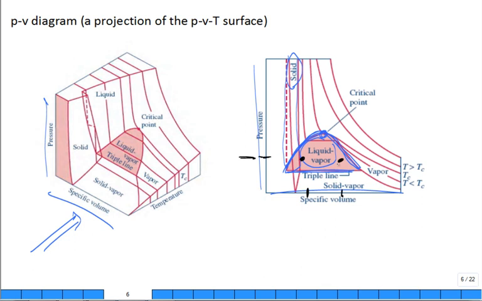What changed? Let me ask this question. Did the temperature change between point A and point B? No, because the pressure didn't change, and temperature is not independent from pressure in the two-phase region. So they had the same saturation temperature. What changed? The volume changed.